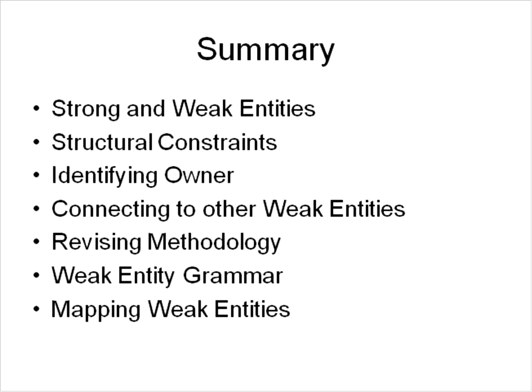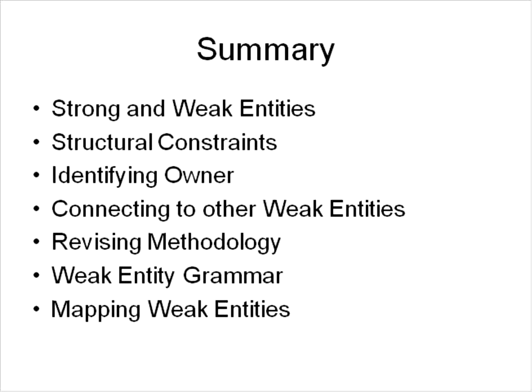So, when you map a weak entity, the primary key of the weak entity is the primary key of the owner attached to the partial key of the weak entity. So if you turn to page 183 of your book, you will see where figure 7.3, the relationship between the employee and dependent, the employee being the strong entity and the dependent being its weak entity, is mapped.